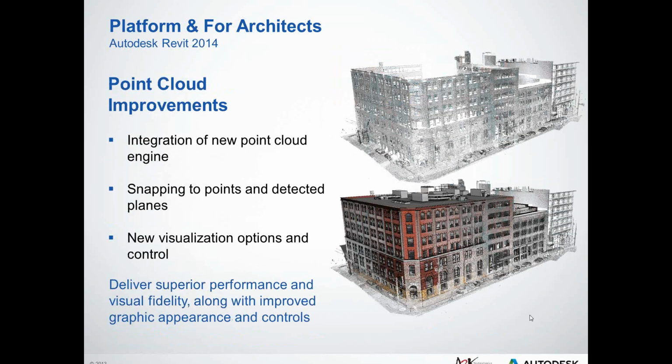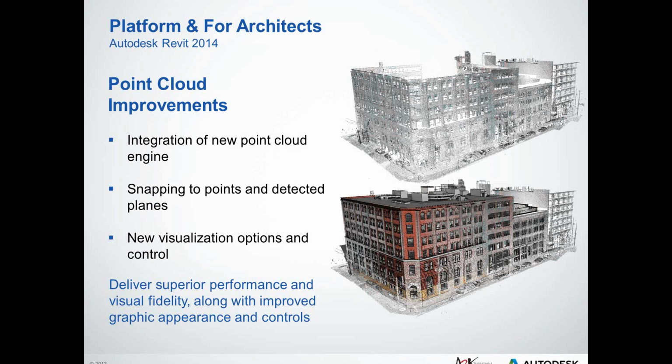A fairly significant improvement in this release has definitely been around point clouds. They've integrated a brand new point cloud engine which they've put across most of their Autodesk products, not just Revit. The idea being is that you should be able to get a much higher resolution on your points as you see them inside of Revit, as opposed to how it looked in, say, 2013 and prior to that.